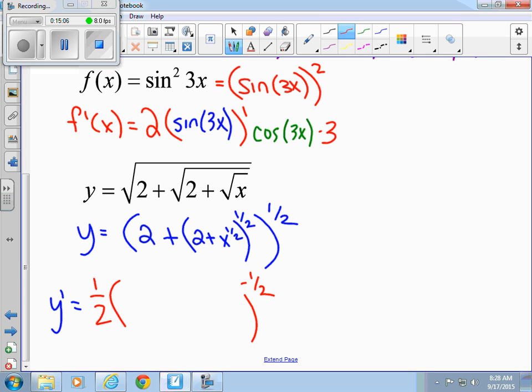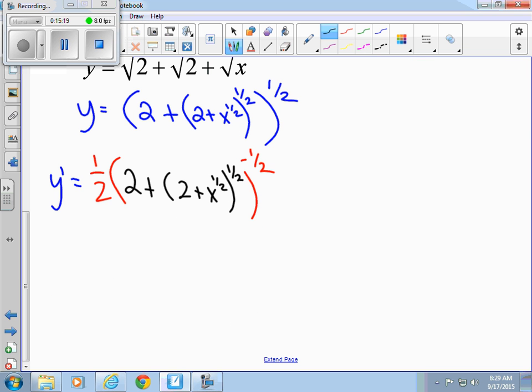I'll leave everything on the inside. Okay, so far. I'm going to do the derivative of the inside. So the black part, I'm going to do the derivative of that. The 2 is nice because the derivative of 2 is 0, so that part just goes away. So I'm really looking at this piece.